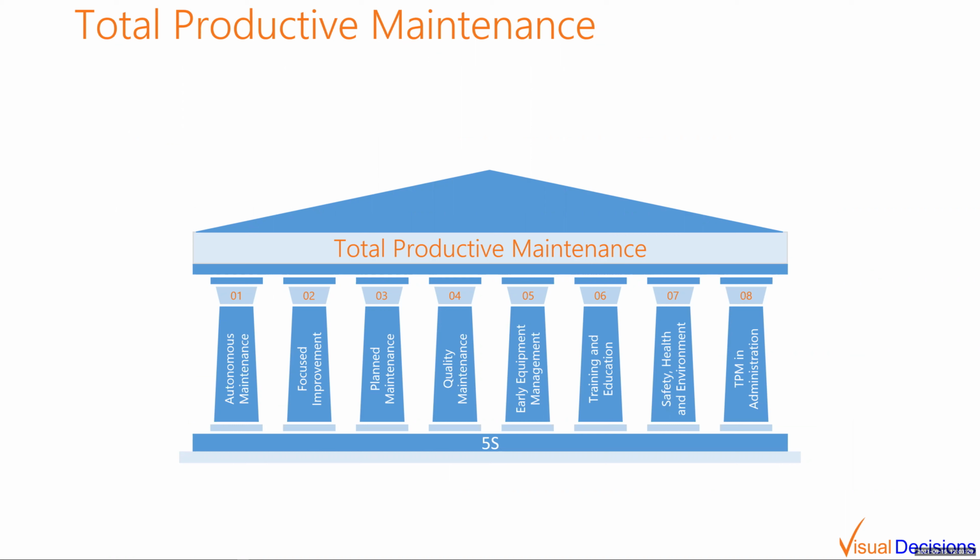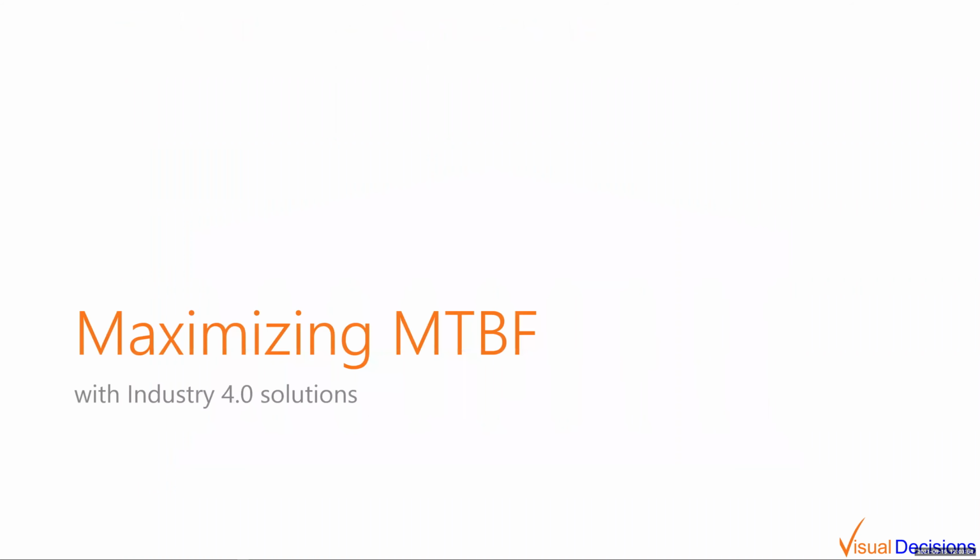At the base, you have 5S, and then you have autonomous maintenance, focused improvement, planned maintenance, et cetera. Within each one of those, certainly Industry 4.0 has a way to help. But what we're really going to focus on today is maintenance as a whole and being able to increase the availability of the equipment.